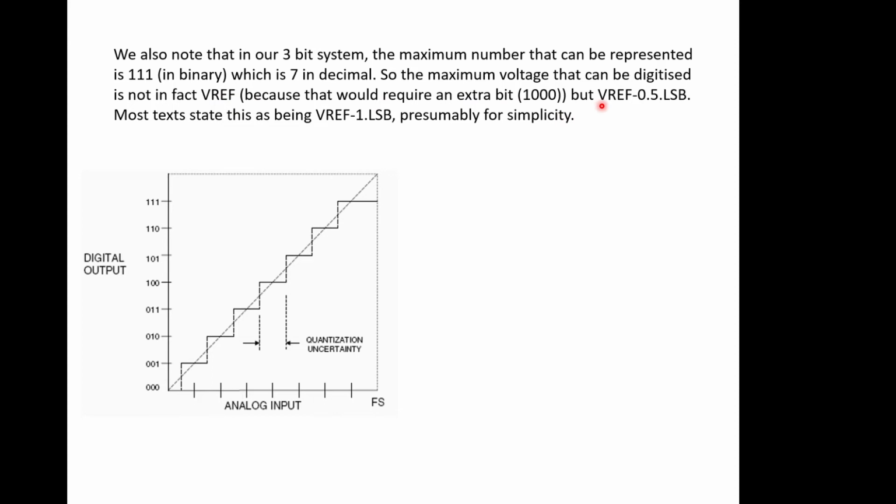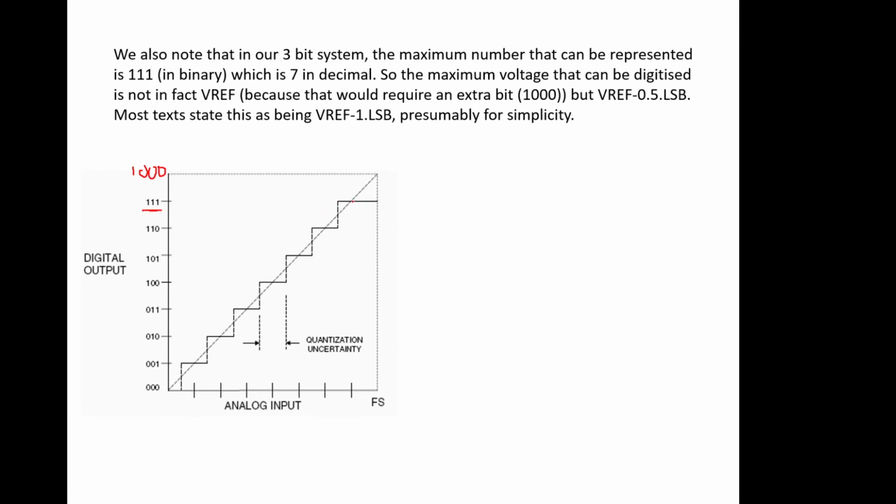But it's actually going to be VREF minus 0.5 of an LSB. And so if we do the whole graph to full scale, to VREF here, you can see that 1000 will be here. And that will be our full scale, but we can't get there because we can only represent 3 bits in our system.